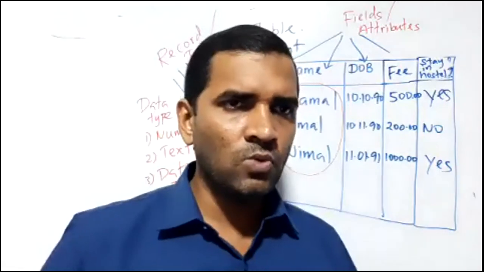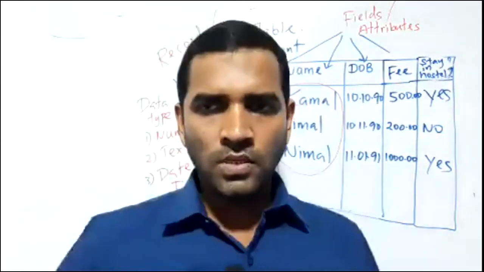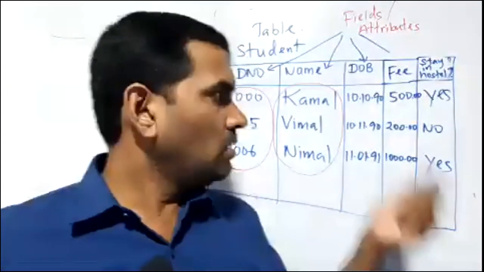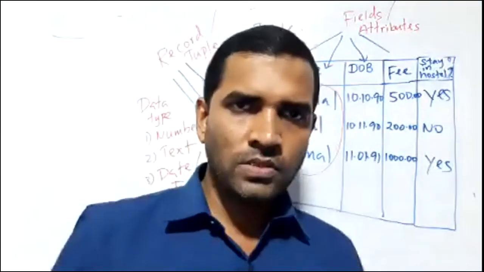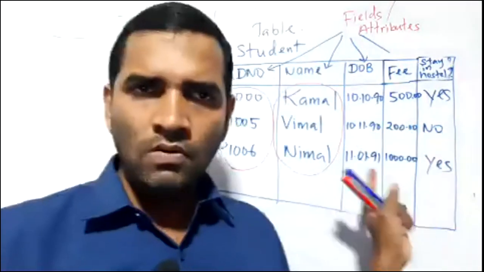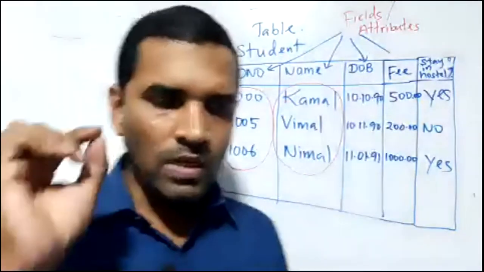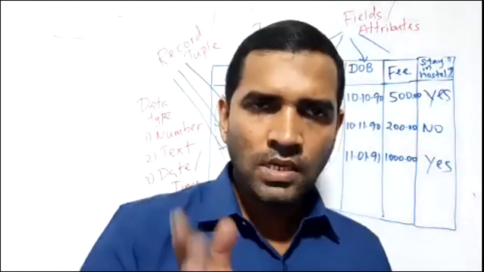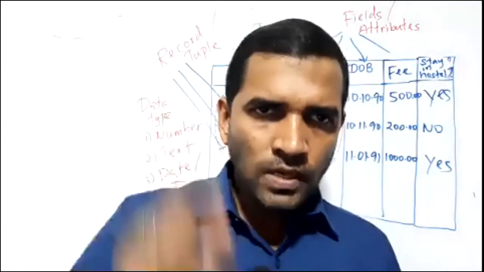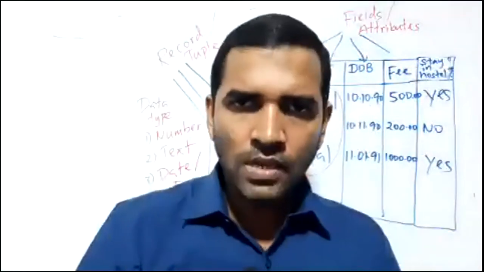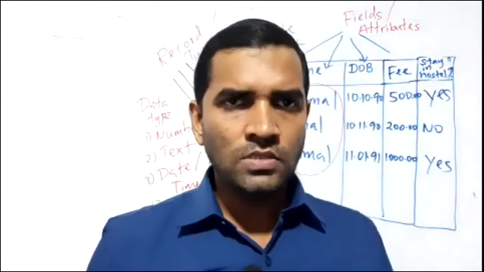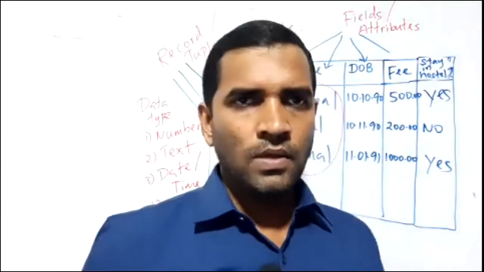That is quite unusual, so they follow uniformity. The name field has only text. You can't say that numbers and text are mixed, or date and text are mixed. Only one type. So this is one important conclusion: a field has data in the same type. Definitely all the data in that particular field belong to one data type. It may be any data type, but definitely it belongs to one.